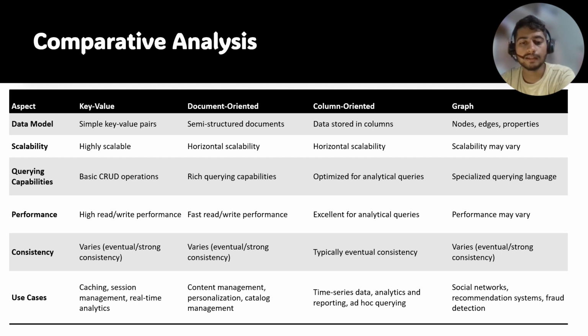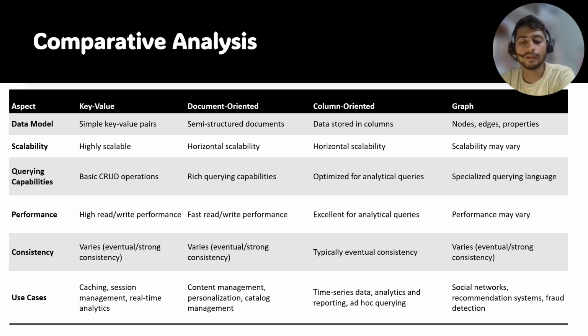Coming to scalability, key value is highly scalable, document oriented is horizontally scalable, column oriented is horizontally scalable, and graph scalability may vary. Then querying capabilities.